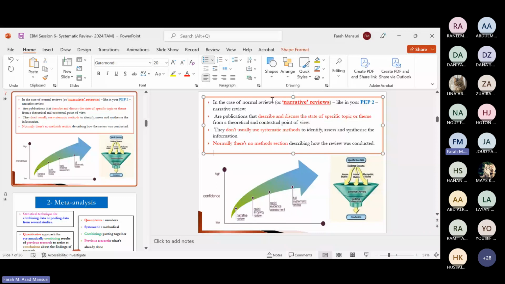So in the narrative review, there's no methodology section. You just identify your objective, do a literature search, and then give a theoretical description of that topic or objective.